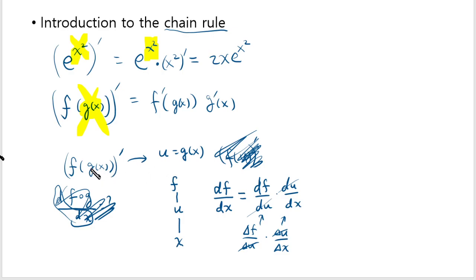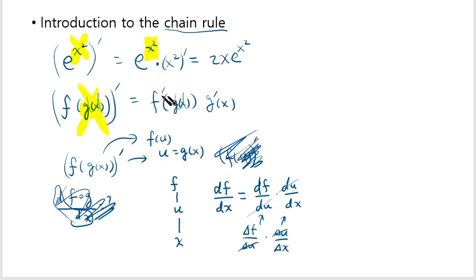And that's exactly what this is, because see, once you write down the composition as f of u, then change of f over change of u is like differentiating f as a function of u. You're really trying to think about the inside function as u.